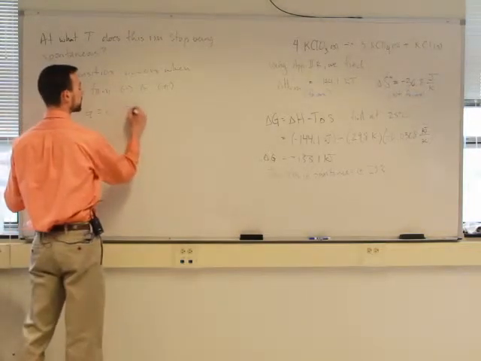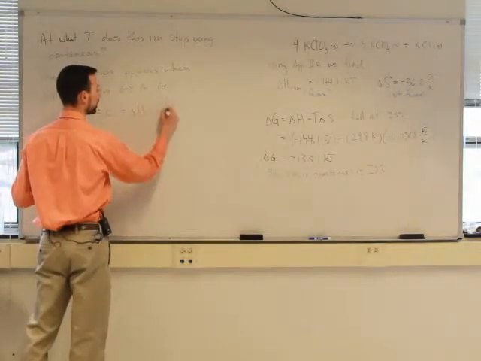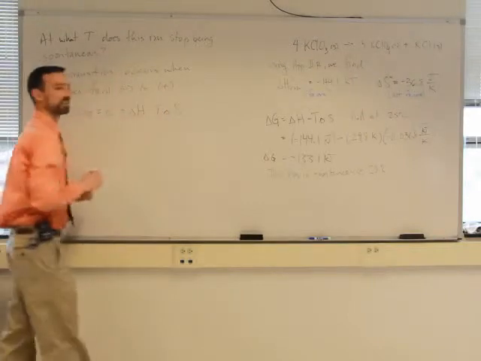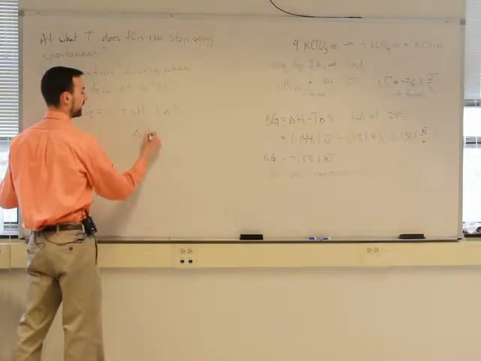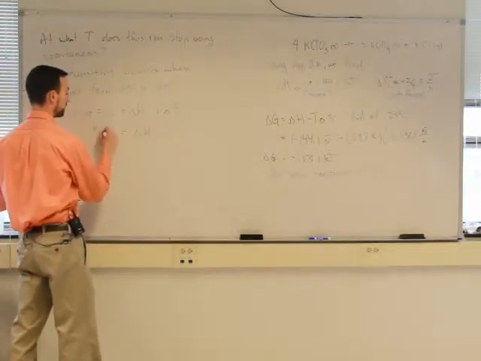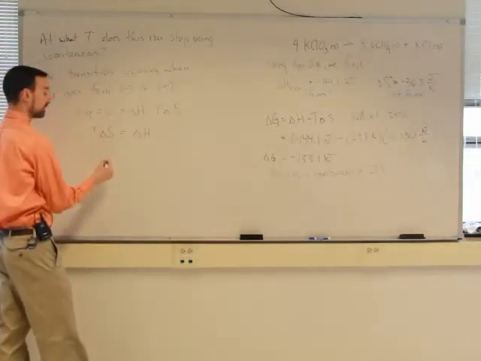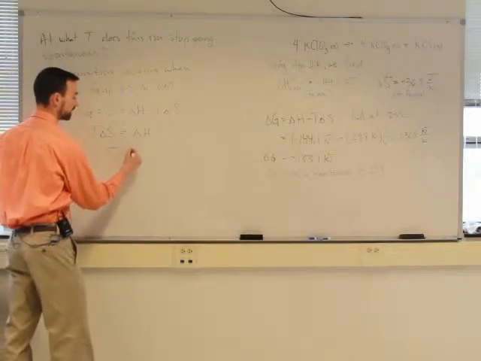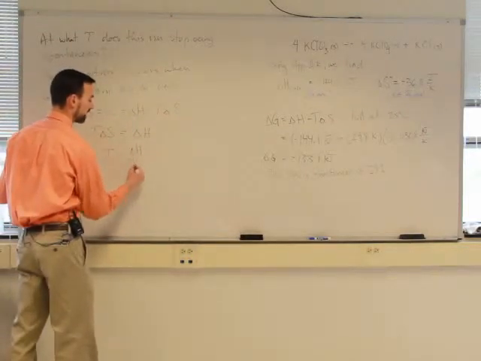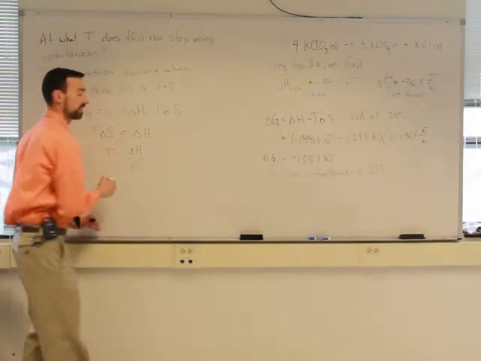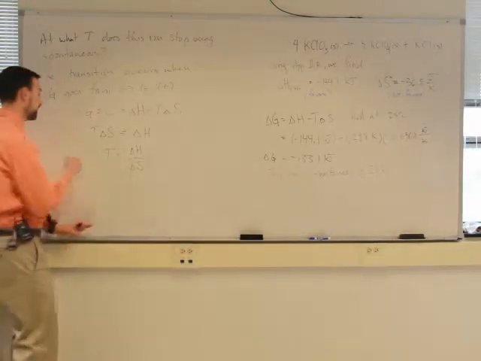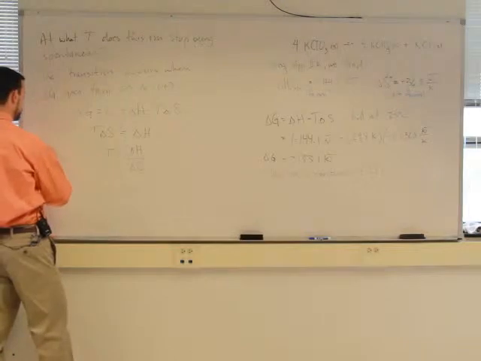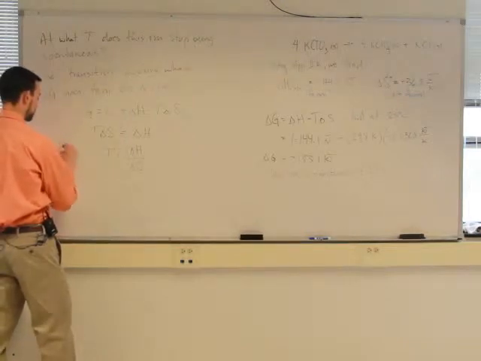So if we set delta G equal to 0 and use our T delta S, what we find is that delta H equals T delta S. So the temperature that this transition occurs at is the delta H divided by the delta S. And this formula is the transition temperature.